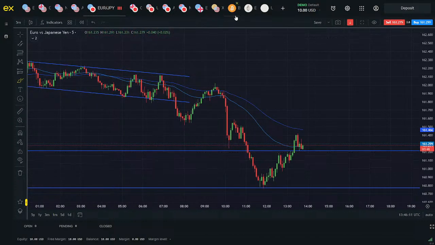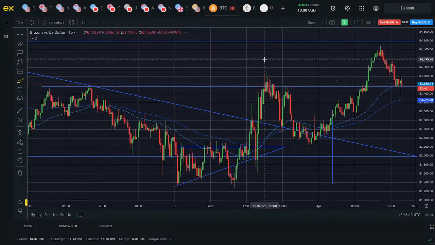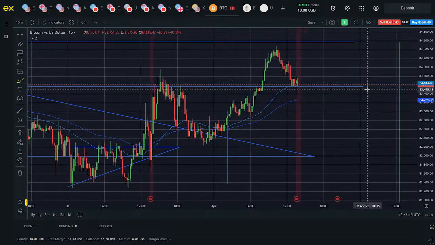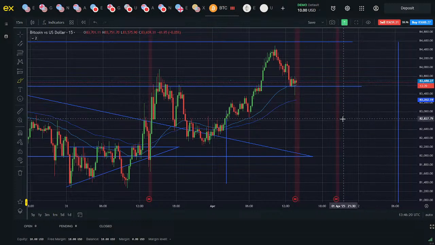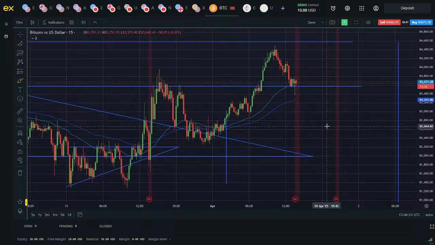We are actually just waiting for the market to play out in the direction that we want.